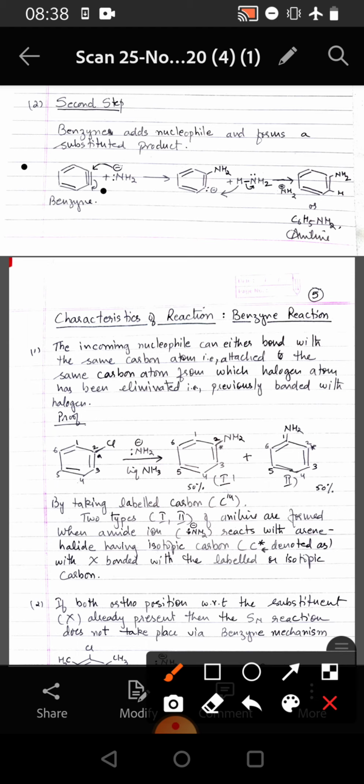So this aniline anion is formed, in which the negative charge is at the ortho position to the NH2 group. In the next step, the bond between hydrogen and nitrogen of the ammonia breaks and shifts on the nitrogen forming amide, and this hydrogen, which is eliminated as proton, attacks the negatively charged carbon and aniline is formed.